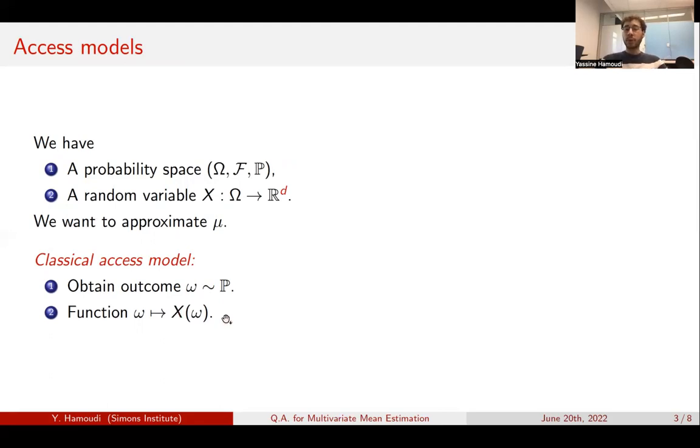The standard measure of complexity in this case is called the sample complexity. This is the number of times you can use those two steps. And the goal is to use n classical samples to produce the best possible estimate of the mean mu.